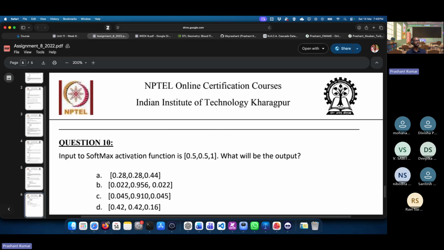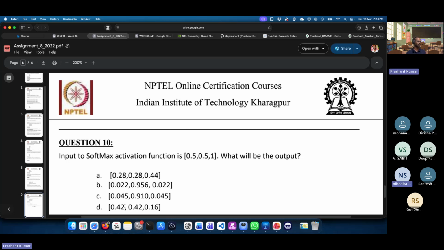You have to find e to the power 0.5 divided by e to the power 0.5 plus e to the power 0.5 plus e to the power 1. That is the first value. Similarly, you will do the second and third values. The third value should be the maximum, and the first and second should be the same. So option A is the answer.